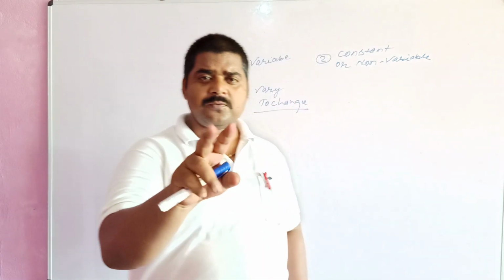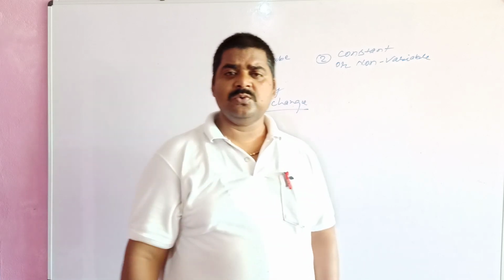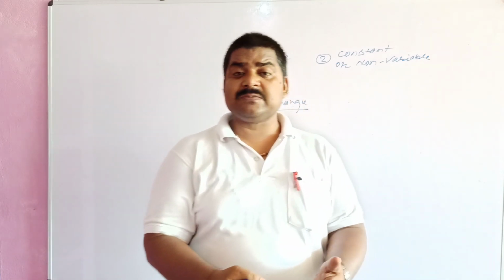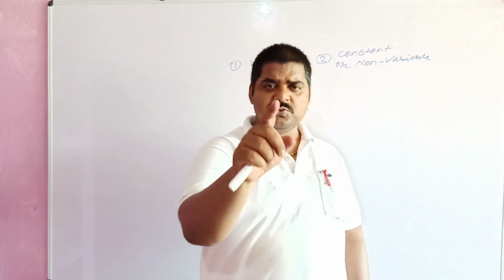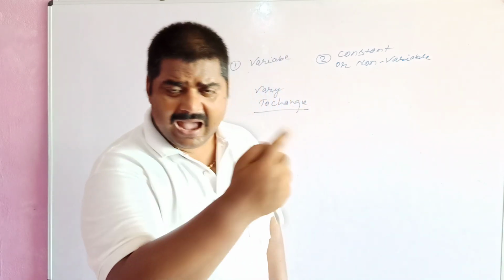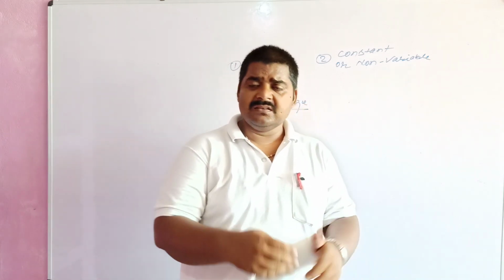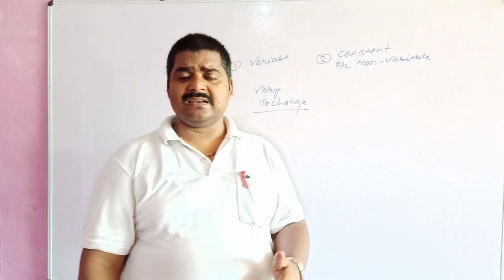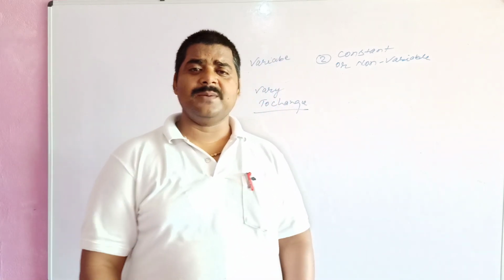So there are two types of quantities, variable and constant. Variables do not have a fixed value, they have various values, and a constant has a fixed, unique value, which can be easily understood when you solve several questions.